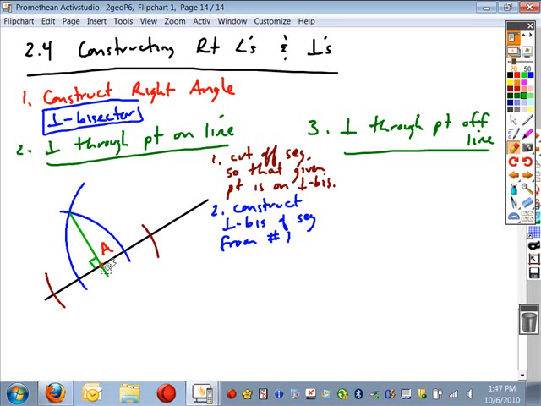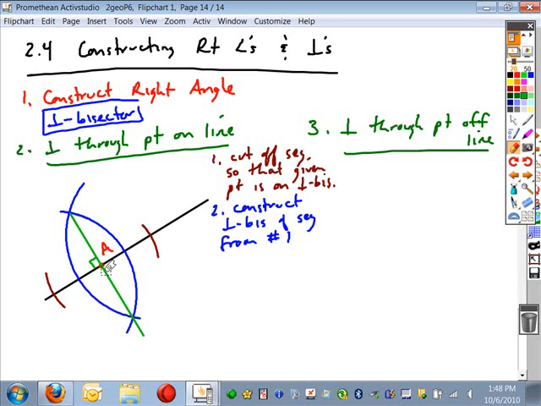Now, what is the benefit of doing the full, both arcs, both intersections? How does that help? Or what advantage does that give you? Monica? Gives you a more accurate. Right, so it's kind of a check system, right? If you construct your whole set of perpendicular bisecting arcs, and then connect them, we saw here that when we connected these intersections, it passes through that original point.